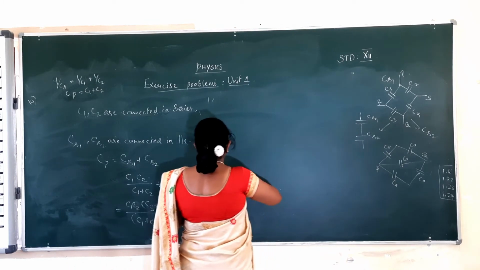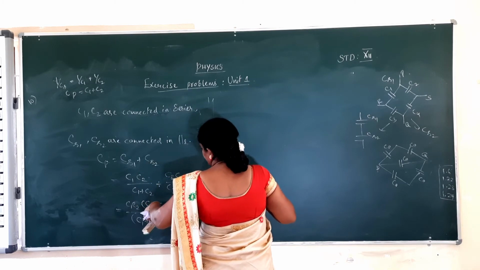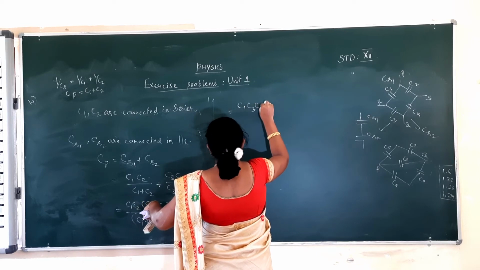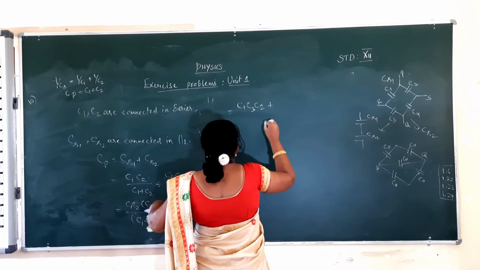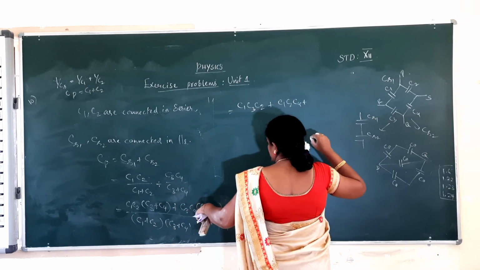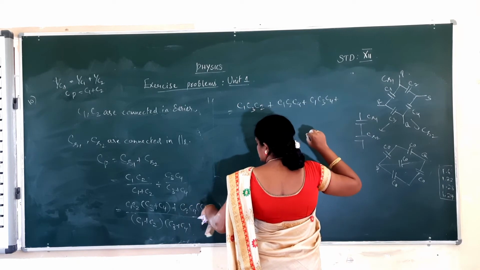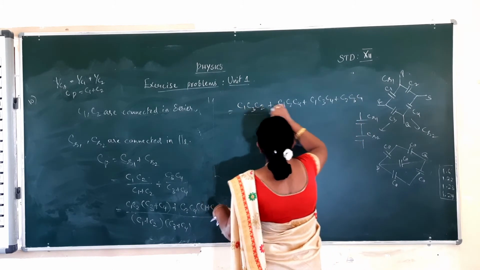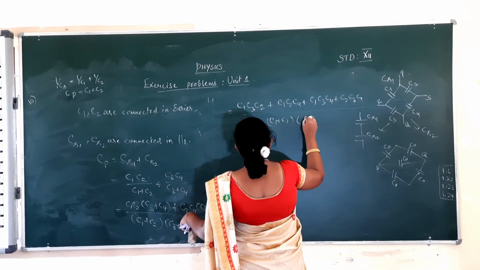So C1 C2 is multiplied with C3: C1 C2 C3 plus C1 C2 C4 plus C3 C4 C1, that is C1 C3 C4, plus C2 C3 C4, by C1 plus C2 into C3 plus C4.